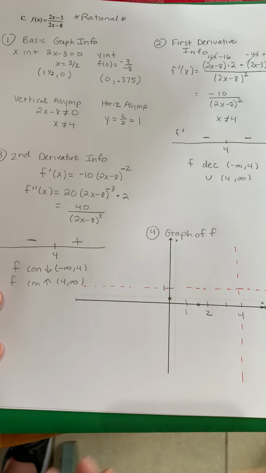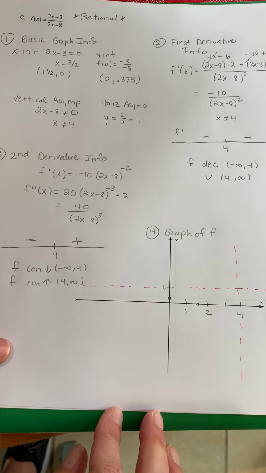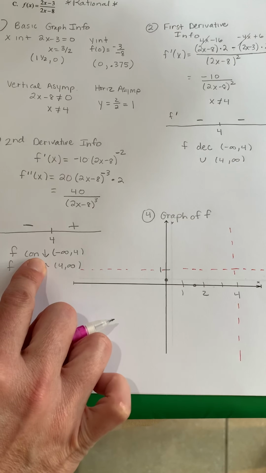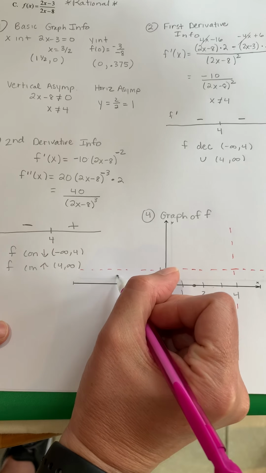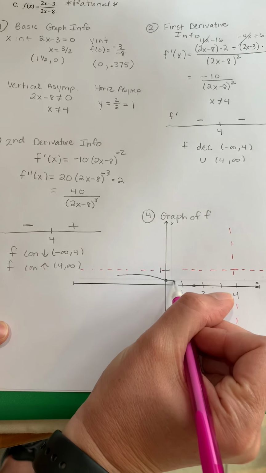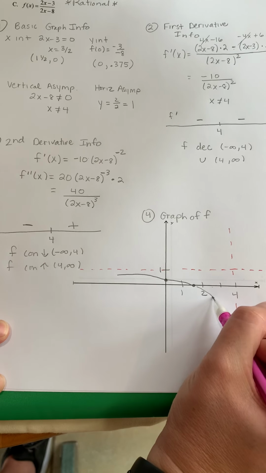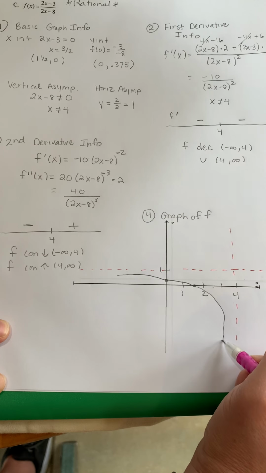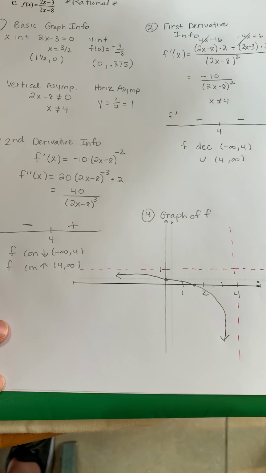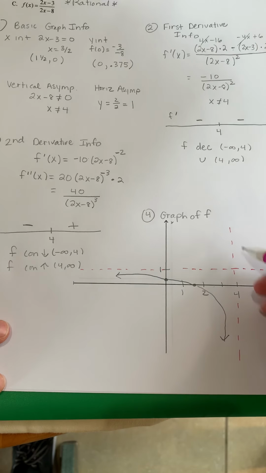Okay, so now we want to put this together. We know that it's decreasing on our domain. We know it's concave down, so we want to follow the asymptote, go through our points, and then stay concave down, following the vertical asymptote. When we jump over to the other side of this, we also want to be decreasing.